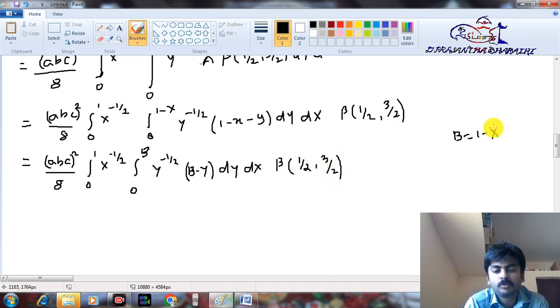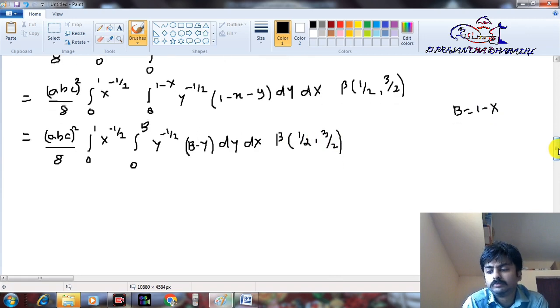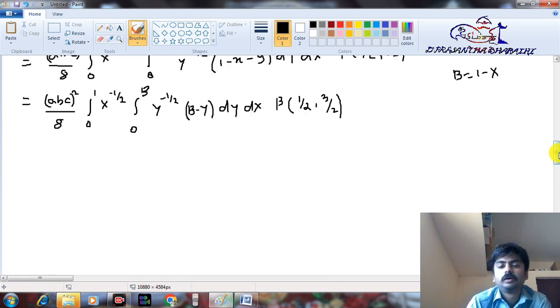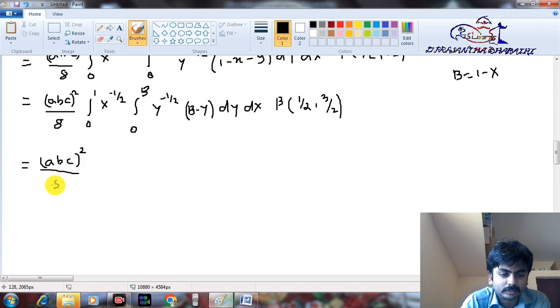Okay, now I am taking this b commonly outside, that is equal to (abc)² by 8. What is b actually? B is 1 minus x, no? So I should not take this outside the integral involving x as the variable.